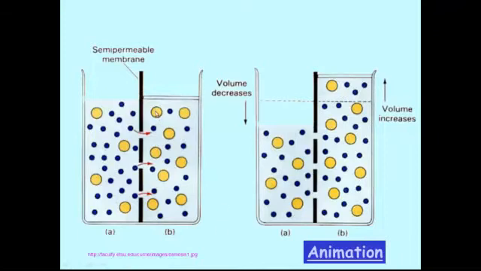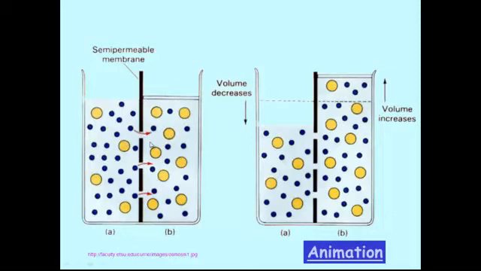Remember, we're going to use big circles here to represent something dissolved in the water, and we're going to use the smaller little dots to represent water molecules. Remember, solute would want to go from where you have a high solute concentration, lots of big dots over here compared to here. They would want to move to the left.